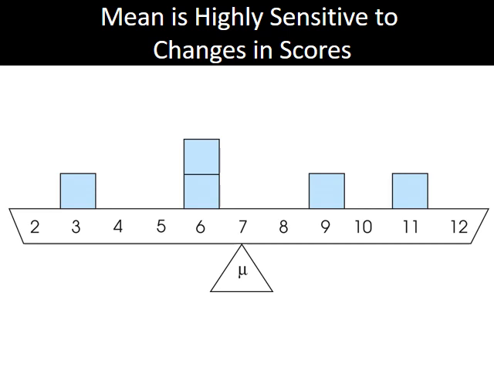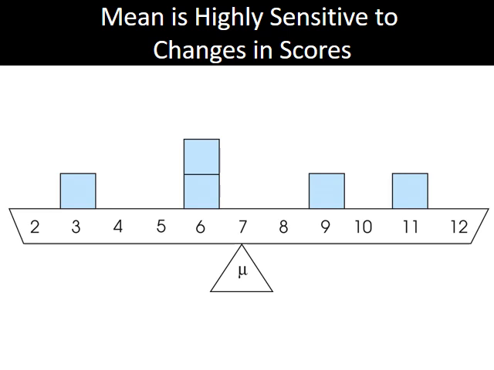Okay, means are highly sensitive to changes in scores. This graphic does a nice job of illustrating that. So the further the score is from the mean when it's changed, the larger the impact on the mean. So imagine taking a blue block and dropping it down at 2 or at 12. Right? It's going to tilt the balanced object significantly in one direction or the other.